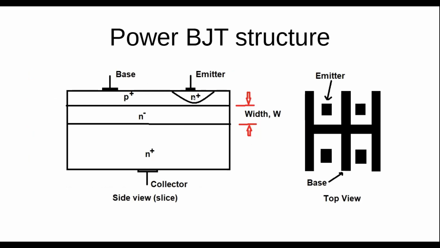To switch off, I need to get rid of all those extra electrons that are flowing, as well as the holes, so that I can go back to a situation that is like this.